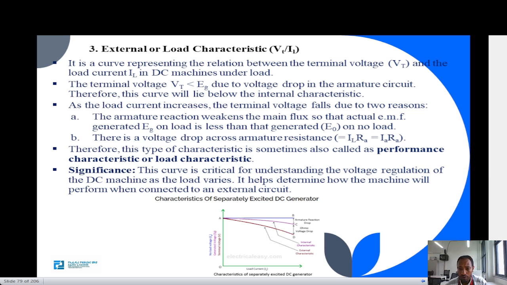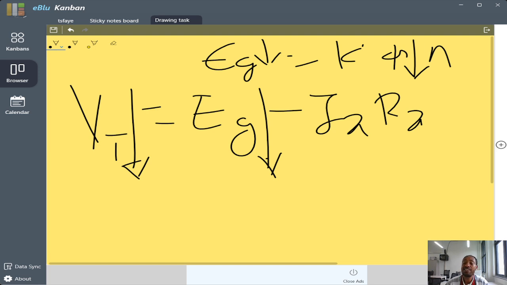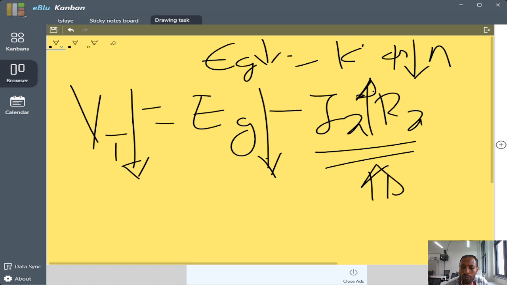Second reason, there is a voltage drop across the armature resistance. It means as the load increases, Ia will increase, obviously. If Ia increases, EG minus this increased drop will reduce VT.